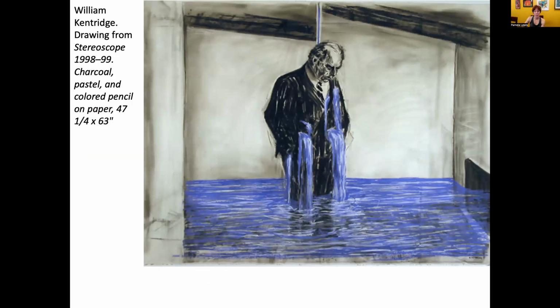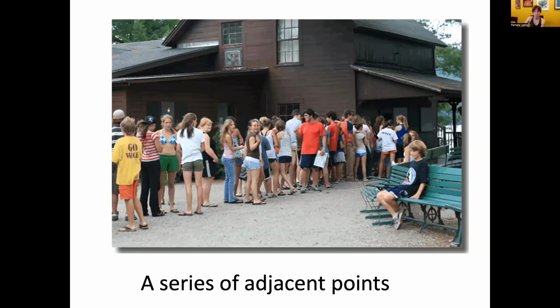William Kentridge, a South African artist, makes films and does performances and creates operas, but he also does charcoal and pastel and colored pencil drawings, which he then turns into stop motion animation. And so this is one of his images, and you can see all kinds of marks and lines in there.